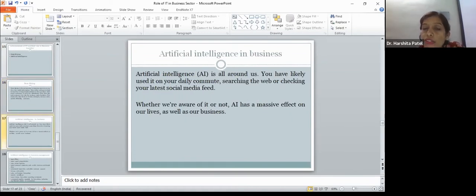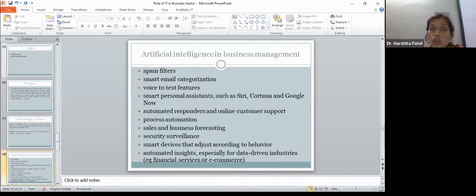The other aspect is the present buzzword AI, and here we are talking about AI in business. AI is everywhere. When we talk about AI in business, we can see its effect and presence everywhere. Here I simply collected something about how AI is playing a role in business management.